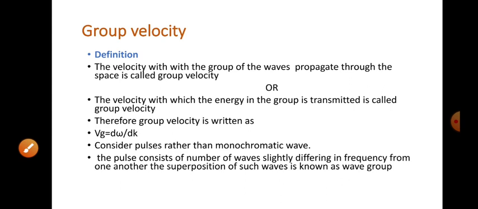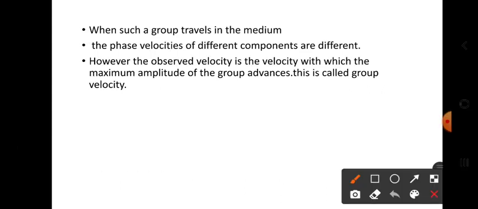Next page. When such a group travels in the medium, the phase velocities of different components are different. Their velocities are different for the different waves. However, the observed velocity is the velocity with which the maximum amplitude of the group advances, called group velocity.